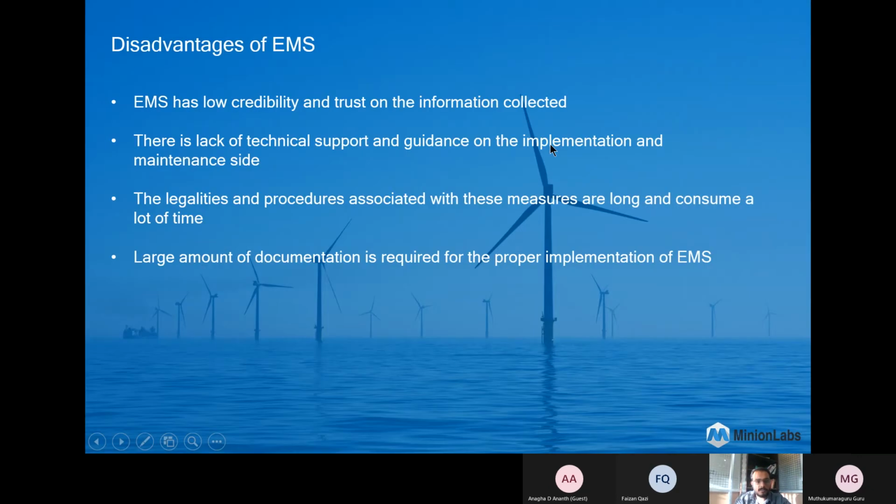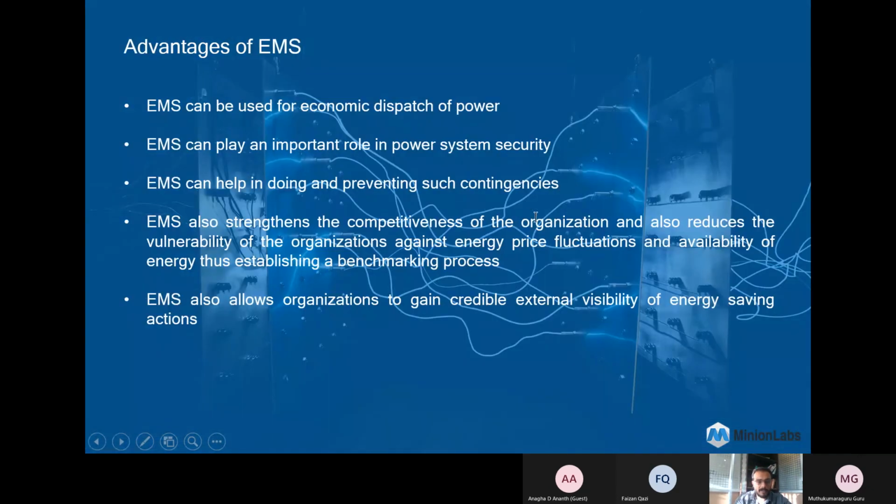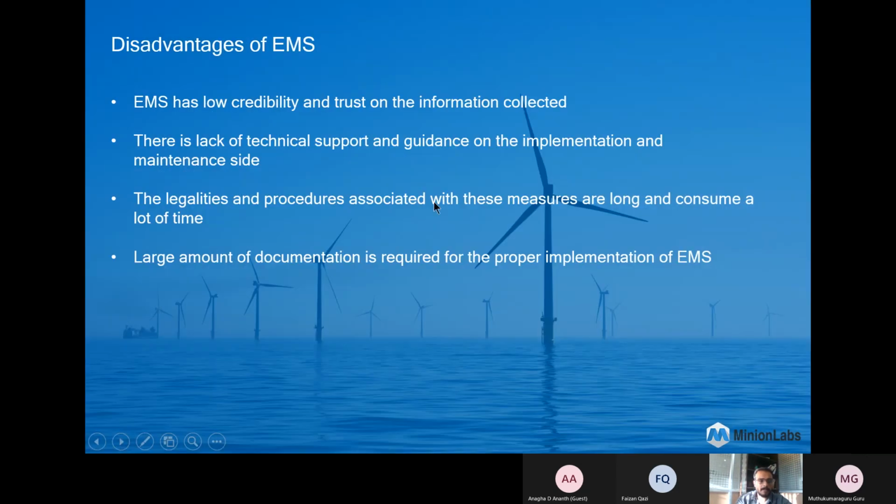EMS also strengthens the competitiveness of the organization and reduces the vulnerability of the organization against energy price fluctuations and availability of energy, thus establishing a benchmarking process. EMS also allows the organization to gain credible external visibility of energy saving actions.